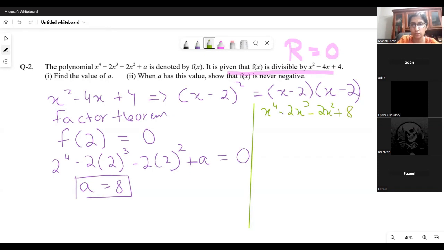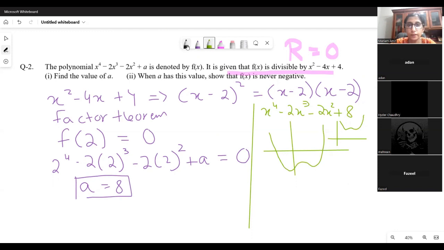You have to show that this expression is never negative. क्या मतलब is never negative? That means if you plot it, it should never go below the x-axis. ऐसे नहीं होना चाहिए. It should always stay above the x-axis. So now you have to show that it stays above the x-axis at all points.